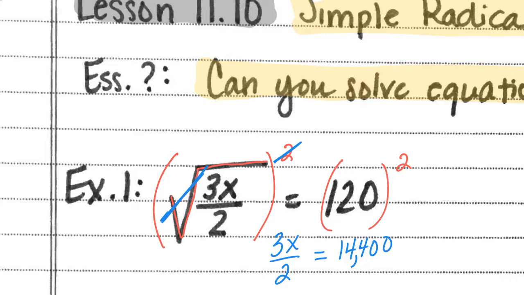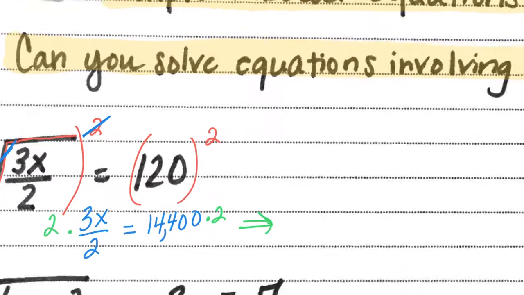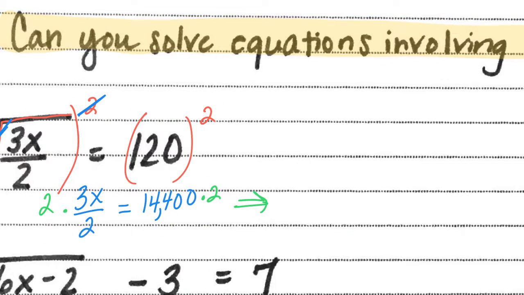So now we're looking at this blue, and we're just going to go ahead and solve like we would solve any equation. We're going to multiply by 2 first, and I'm going to start working over here. When I do that, the 2's cancel out, and I get 3x is equal to 28,800.